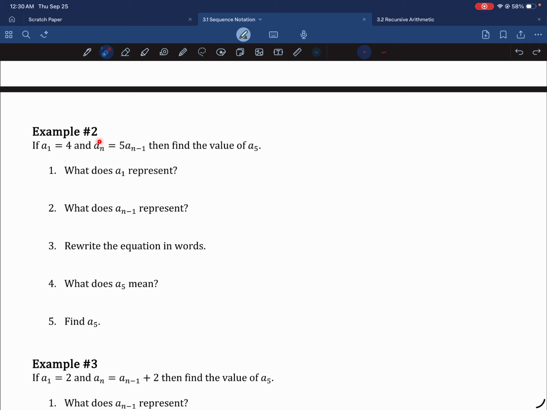Okay, so new term is 5 times the before term. Okay, then I need to eventually find the value of a sub 5. Okay, so what does a sub 1 represent? So a sub 1 represents the first term, right? We talked about that already. Represents the first term.